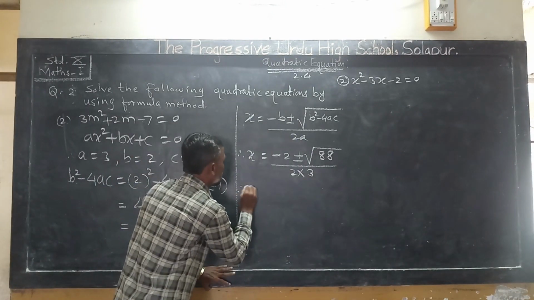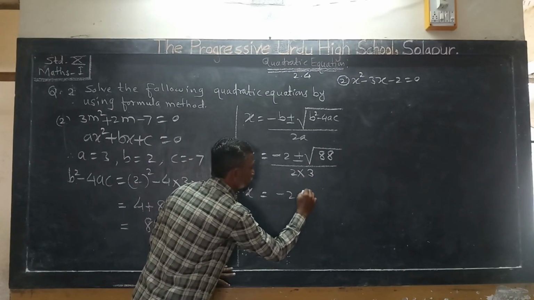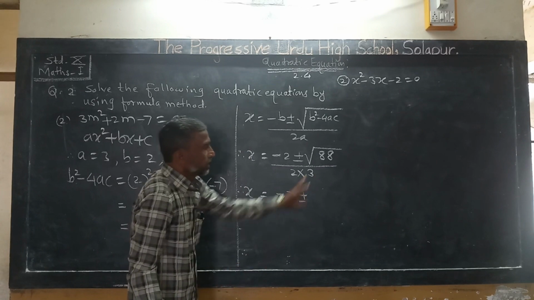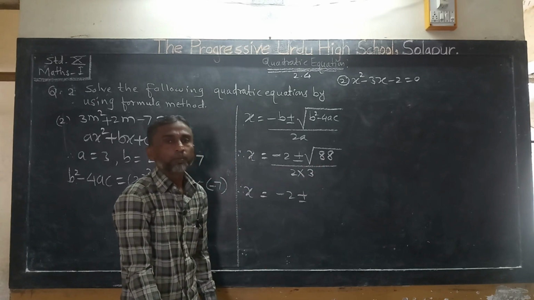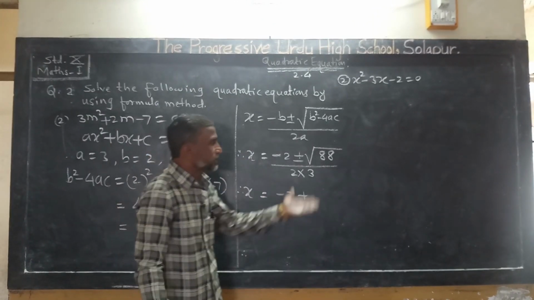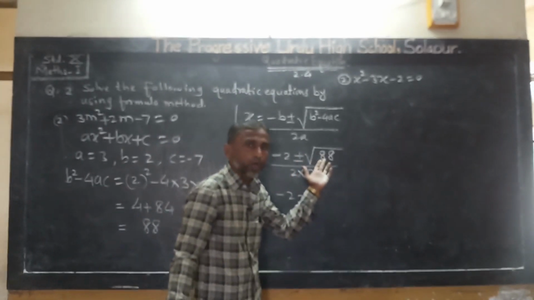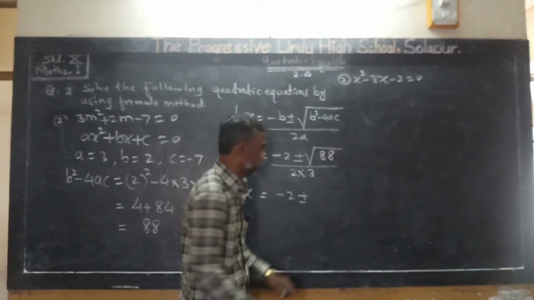Now therefore x is equal to minus 2 plus minus under root 88. 88 is not a complete square number. So find the factors of 88 such that one should be a complete square number.